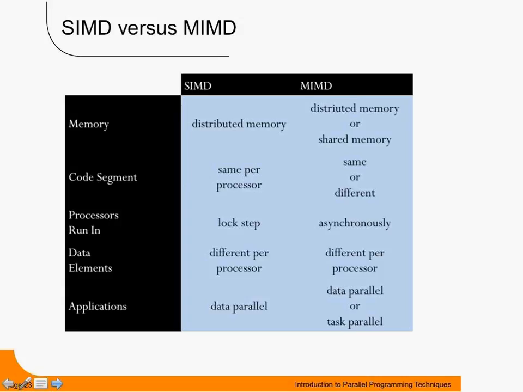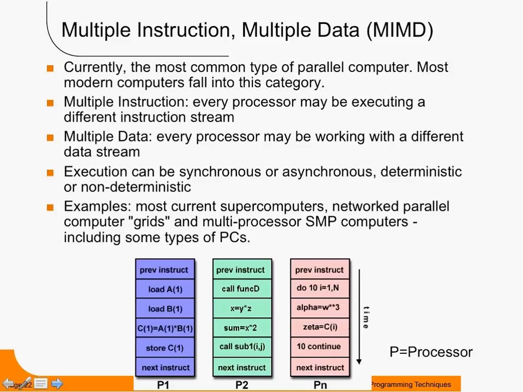And MIMD can operate on distributed and shared memory both. In SIMD the input remains the same across processors. In MIMD, it may remain the same or it may be different, as we saw in the last example, where different processors have different instructions.